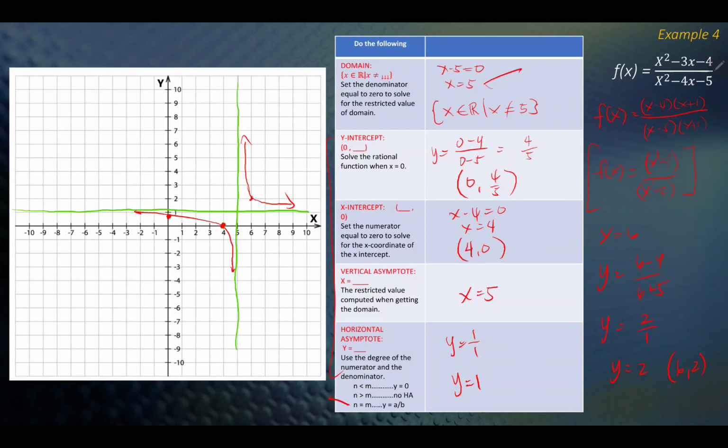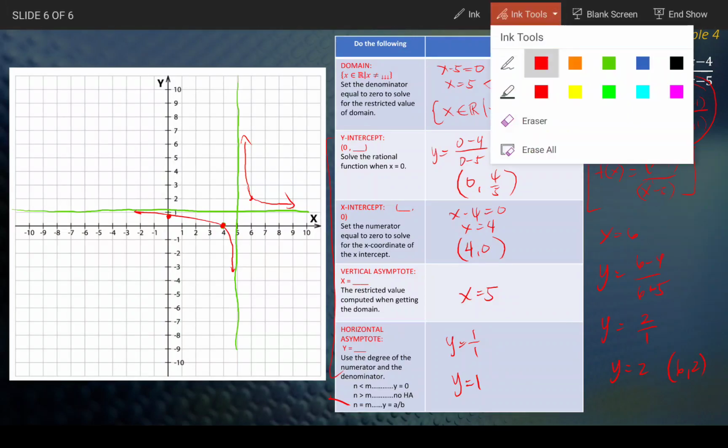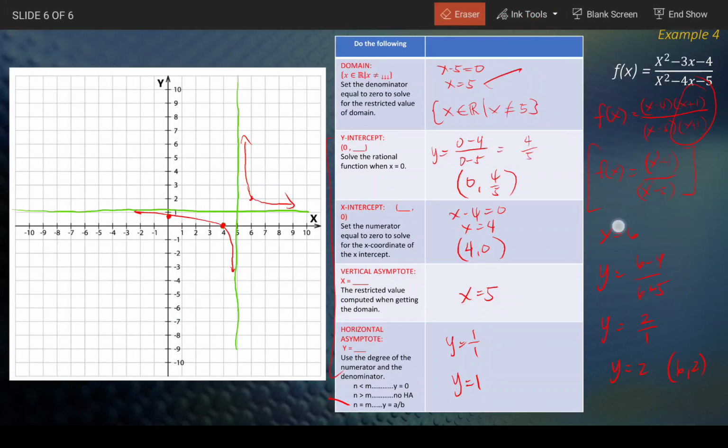Now, we're almost done, but as what I said earlier, meron tayong kinancel na factor. And that factor was x plus 1. Ang gagawin lang natin, no, is we have to solve kung ano yung point na na-cancel natin. So, for x plus 1, burahin natin yung part na yan. Tandaan natin na x plus 1 yung ating kinancel.